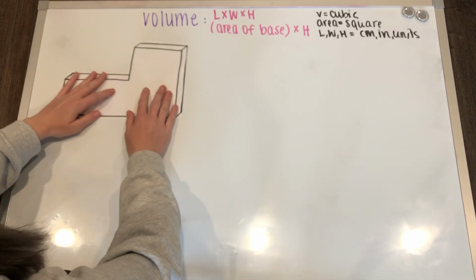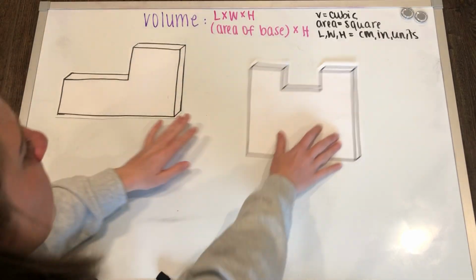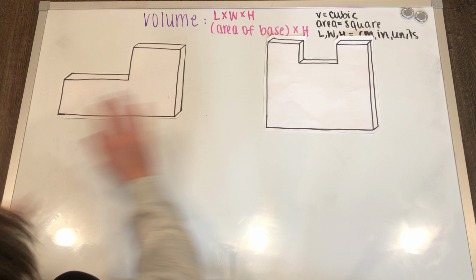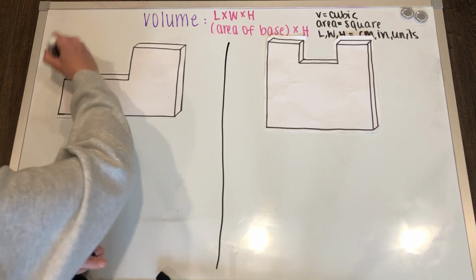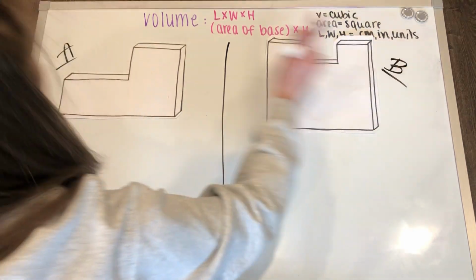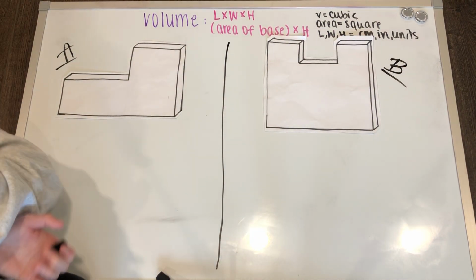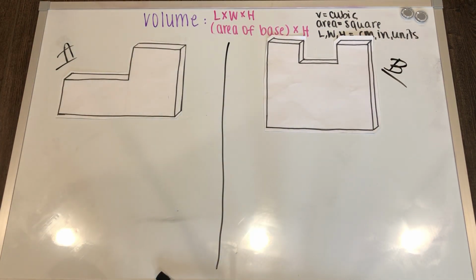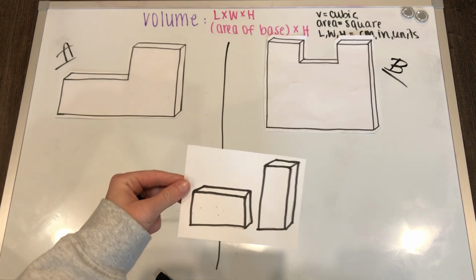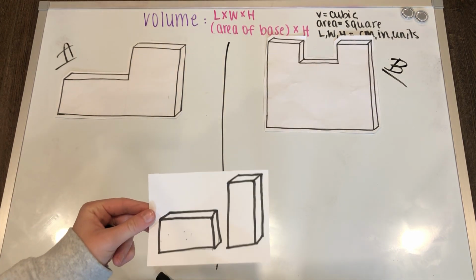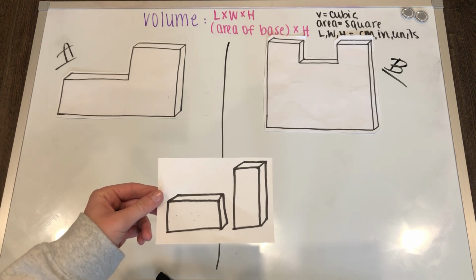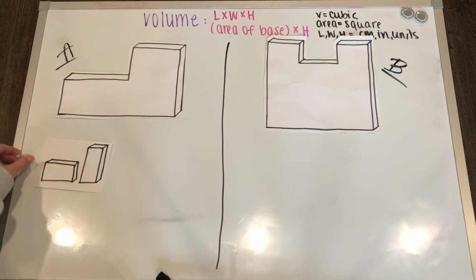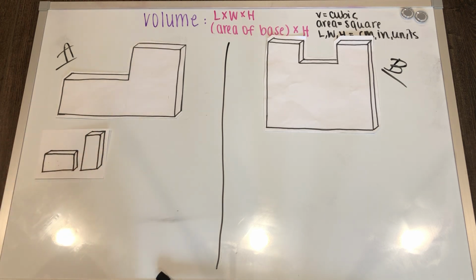We've got this prism, let's call this prism A, and this prism, which is prism B. We're going to sort out some of these different shapes and see which one would be able to fit where. So if we put these two together, under which prism would this be able to fit? Prism A, because if we slid those two together, it would look just like prism A.